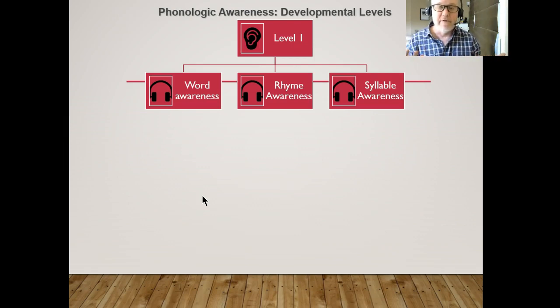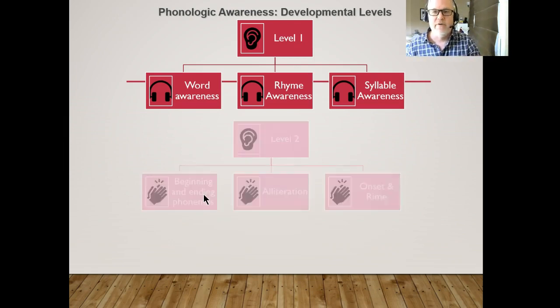Many times syllables are first started with children's names because that's what they know the best when they first start schooling. And so Letitia, Matthew, etc. And you can do that as a round robin activity to start engaging those sounds.